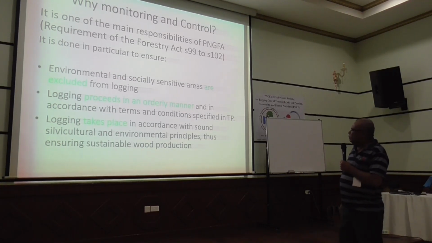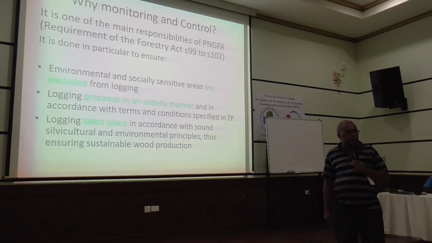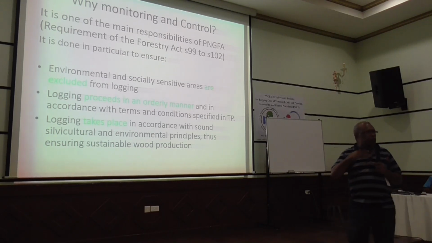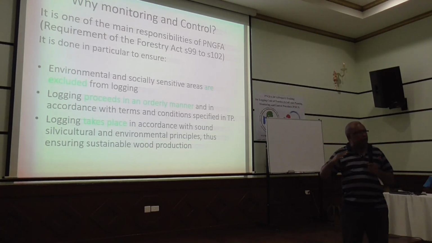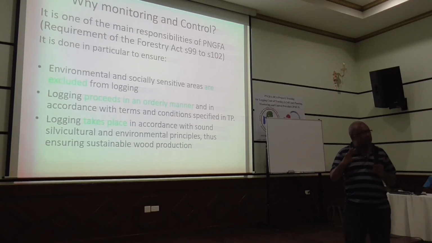Environmental and socially sensitive areas are excluded from logging. In the PMC procedures, as a requirement, the companies submit their plans. We all know that. Part of the plan, they also must indicate which areas are to be excluded. These are things you already know.